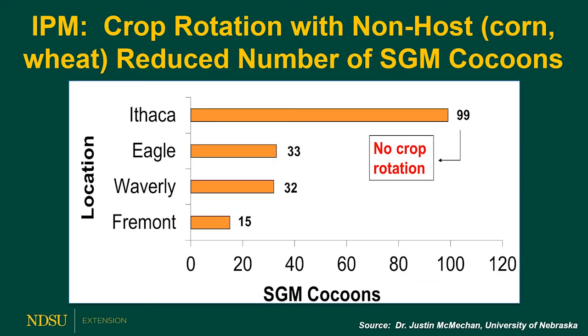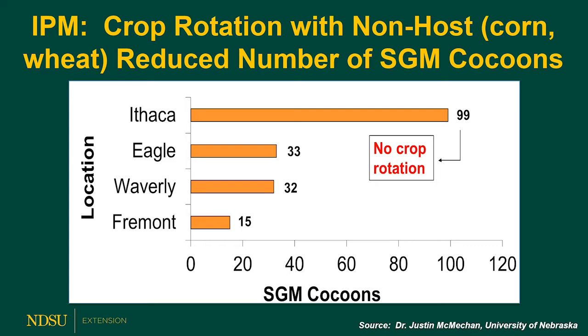Crop rotation with a non-host of soybean gall midge like corn and wheat has been determined to be important. In this graph, we're showing the number of soybean gall midge cocoons that were found in the soil. At the first location, Ithaca, you can see they had a very high number of cocoons, and this was due to the continuous cropping of soybeans for 3 years in a row.